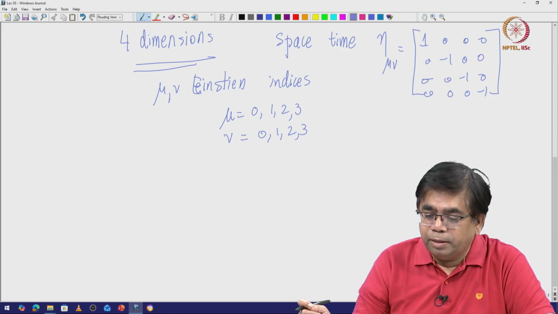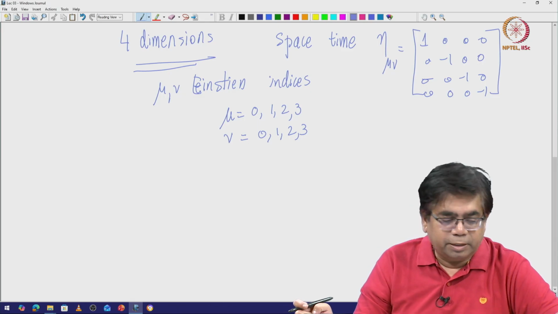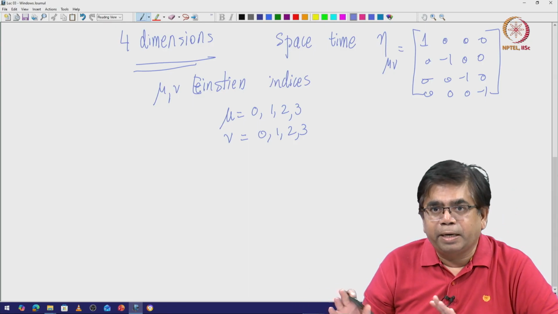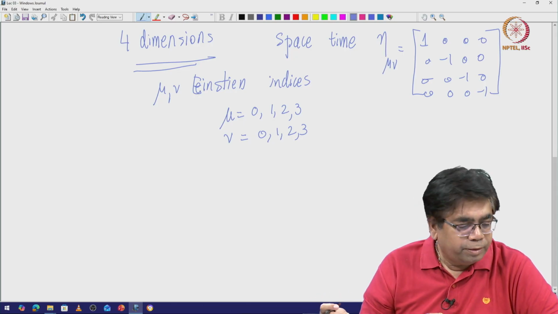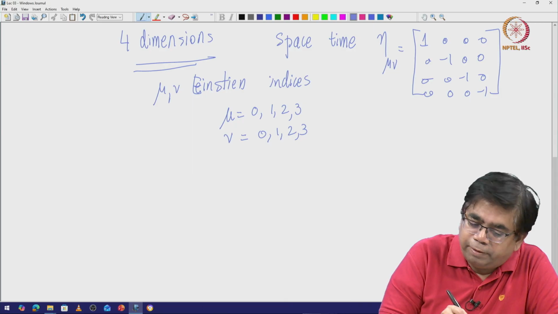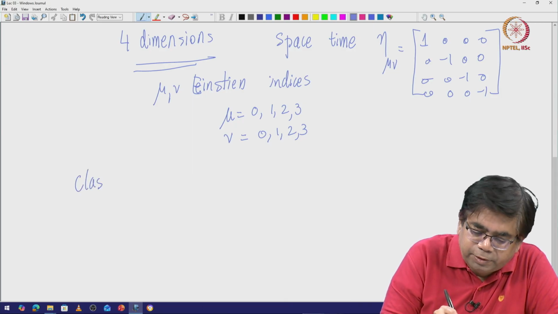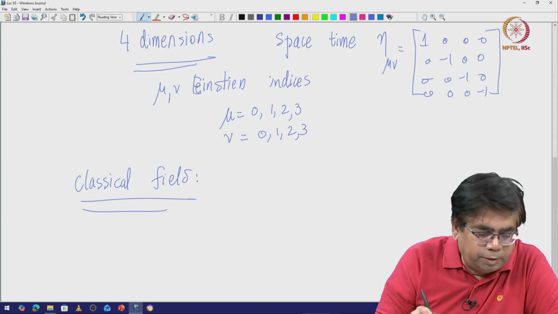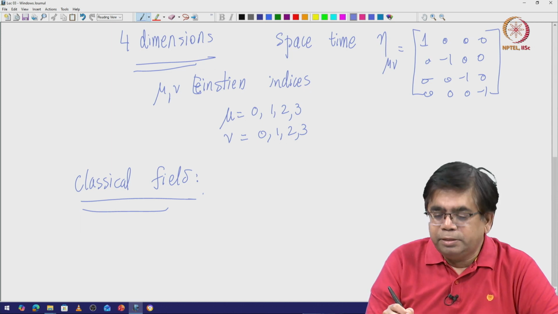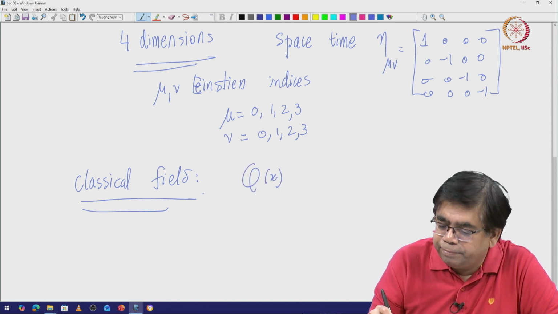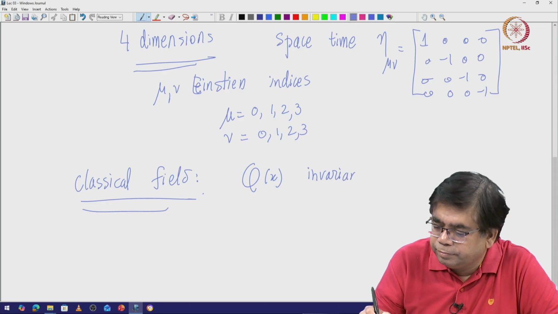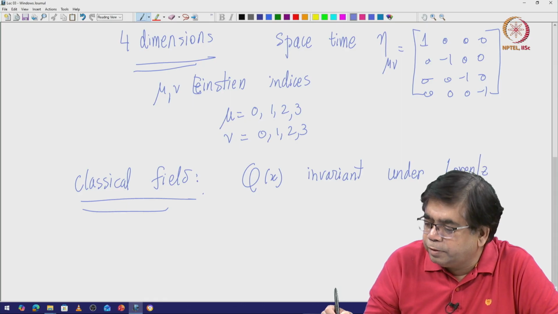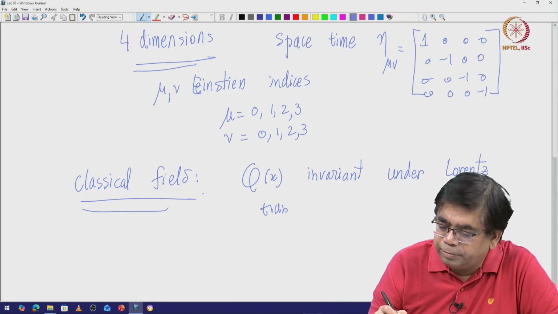Now, we do not want to write down particles, we want to write a field. So, we want to write a classical field which is invariant under Lorentz transformations.